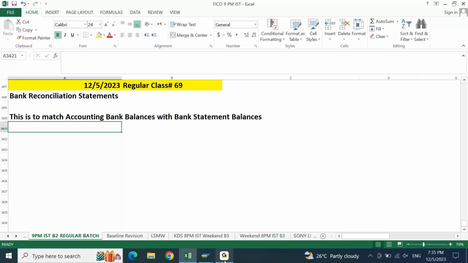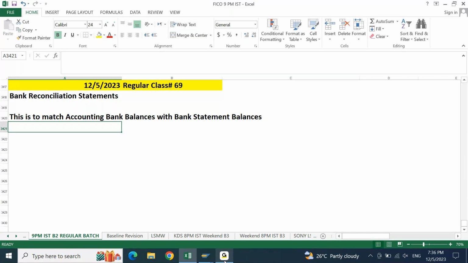Because you are holding the account in the bank, whatever transaction you are initiating or receiving, it can be the payment that you are processing, payment that you are receiving, or any other expenses, any other incomes that are processed directly in your bank account, are handled directly in the bank. Now you will come to know what exactly is happening in your bank account only after looking at the bank statement.